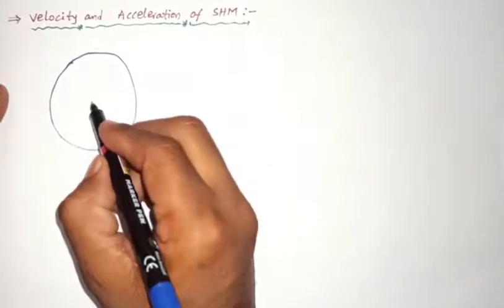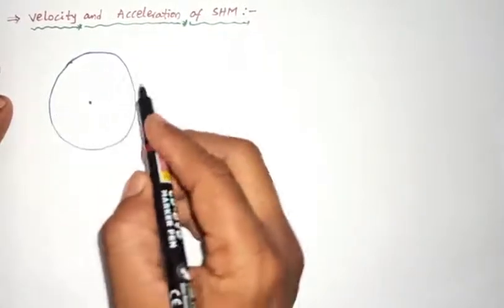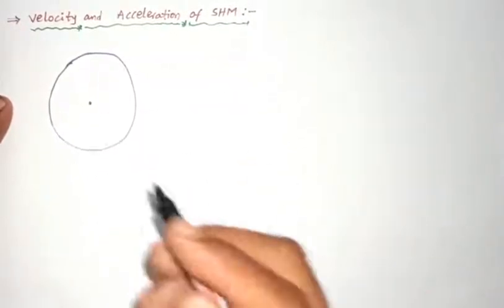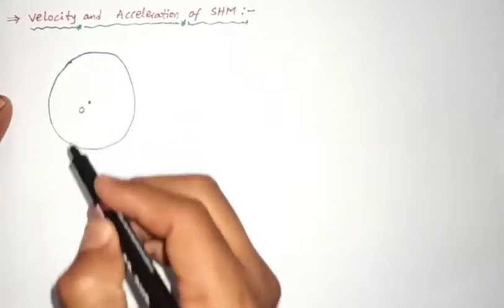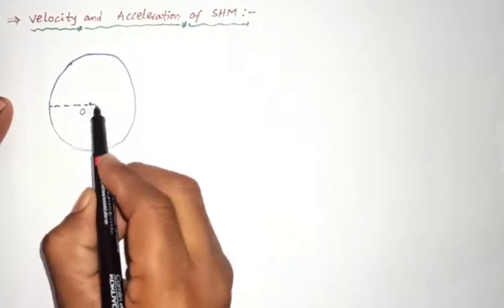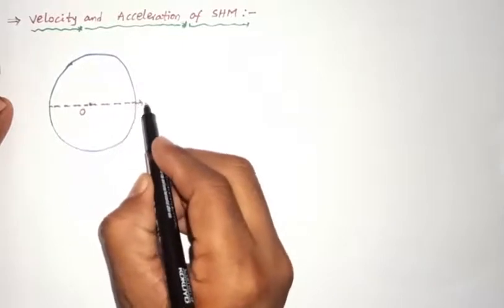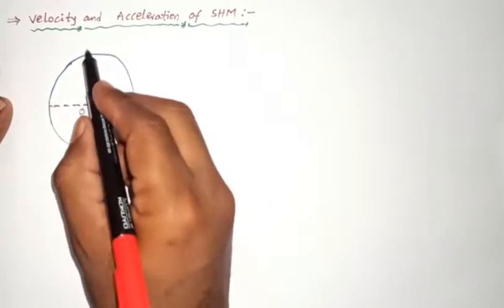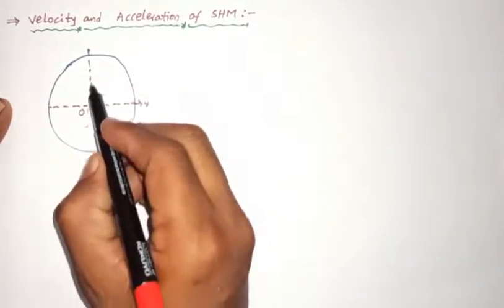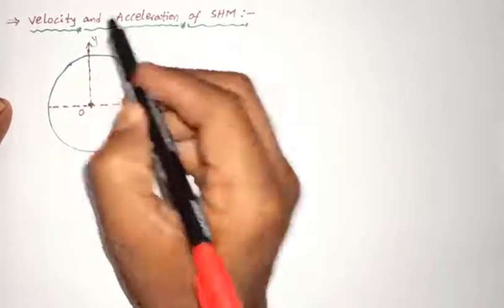In this uniform circular motion we have taken the center as O. This is along the x-axis direction, so this is the x direction, and this particle moves along the y-axis direction. Here we have taken the y-axis direction.